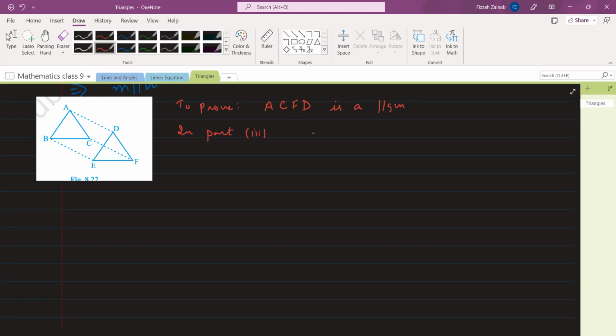We have just proved that AD is equal to CF, right? That means this side is equal to this side CF. And we have proved that AD is parallel to CF.